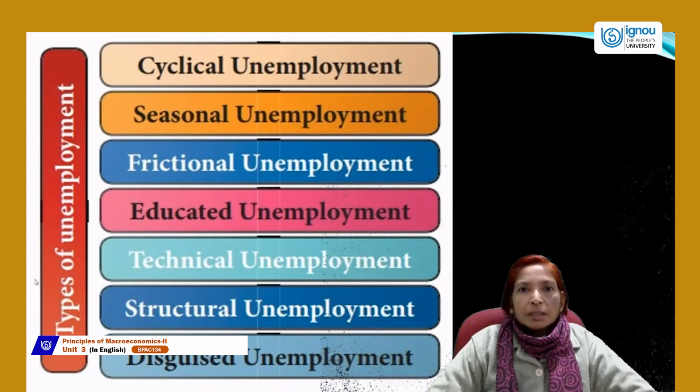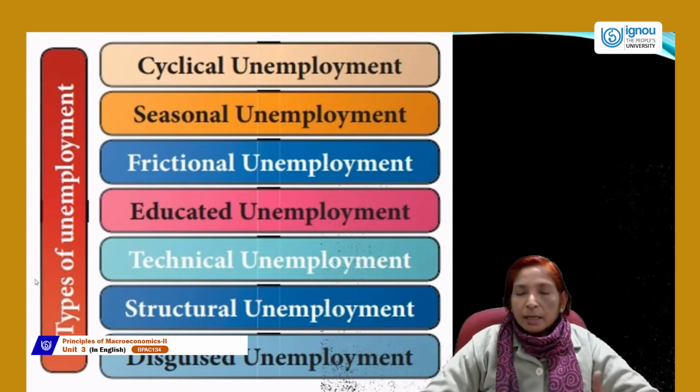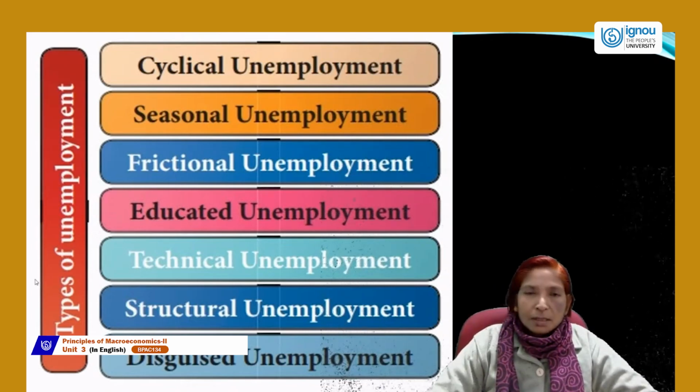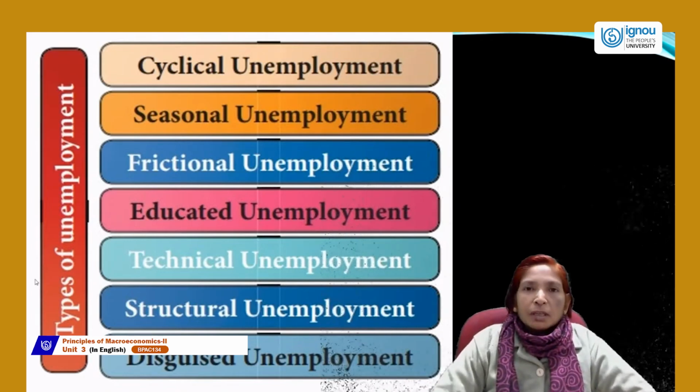And you know that some crops are related to the winter season and some crops are related to the summer season. So if farmers are engaged in summer crops, then they will be unemployed at winter time and vice versa. So seasonal unemployment is mainly found in agriculture or in rural areas where most of the people are engaged in agricultural activities.